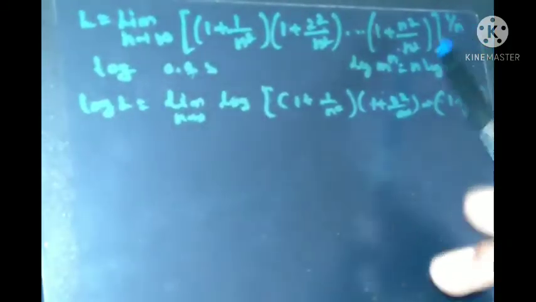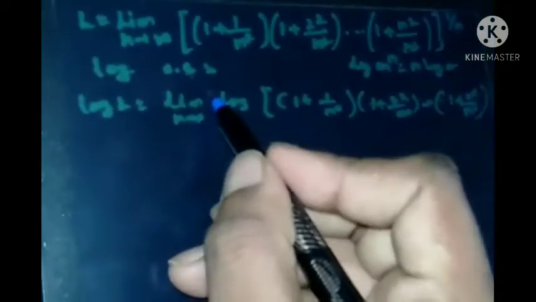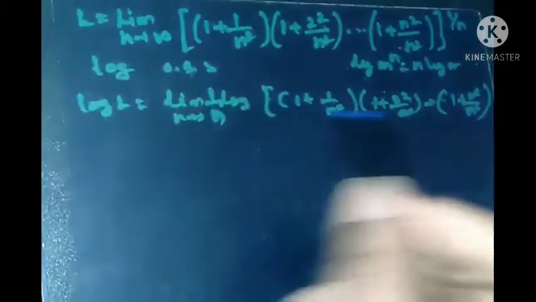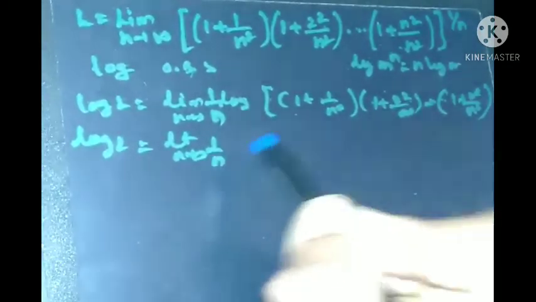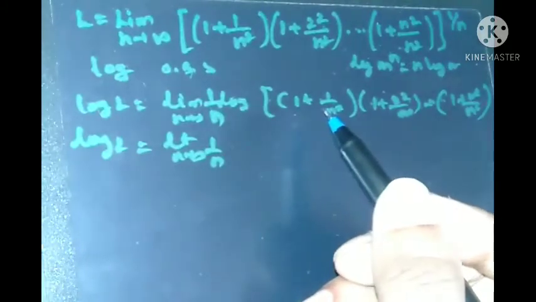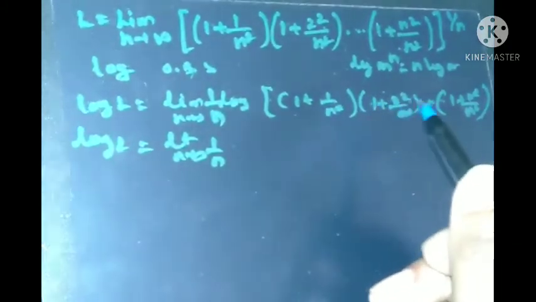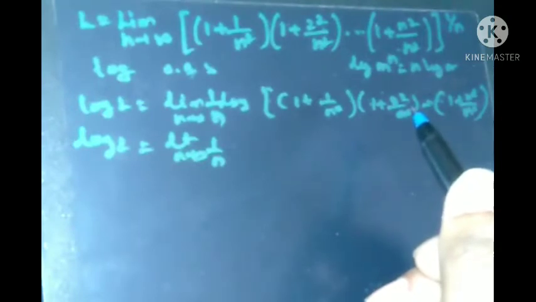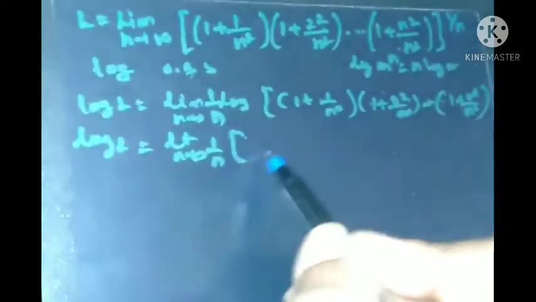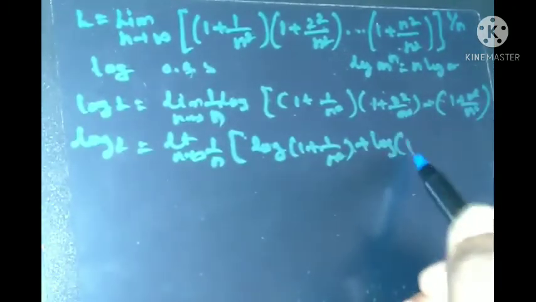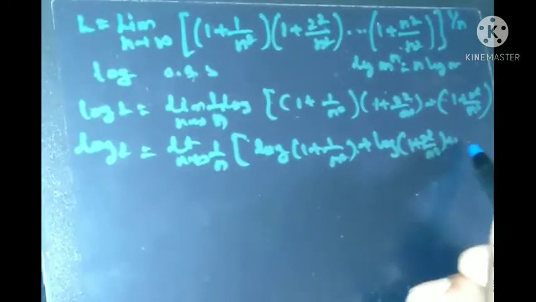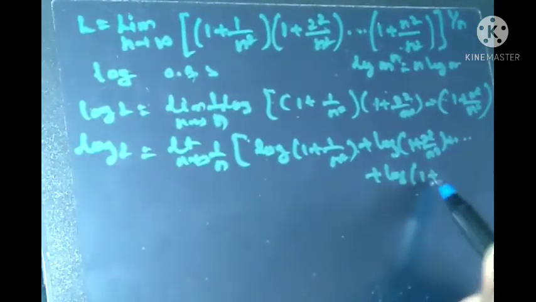By using this property, this 1 by n comes down, and log L is equal to limit n tends to infinity 1 by n into log of the product. By the logarithmic property that log of a b c and so on up to z is equal to log a plus log b plus log c and so on, we write log of 1 plus 1 by n square plus log of 1 plus 2 square by n square, plus and so on, plus log of 1 plus n square by n square.